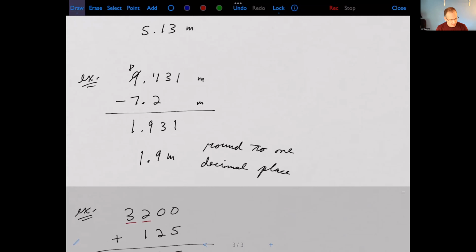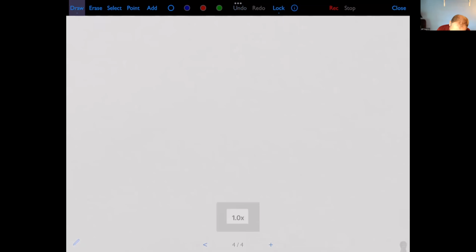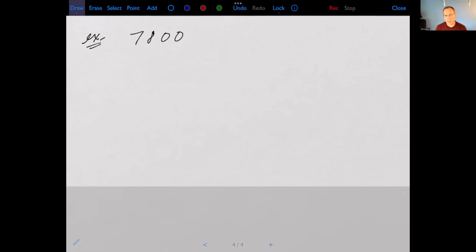Okay. And then the last thing I wanted to mention is just how scientific notation can remove the ambiguity in some of these numbers as to the number of significant figures. So remember last time we looked at this number here of 7,800, and we said it could have 2 sig figs, it could have 3, it could have 4, depends.